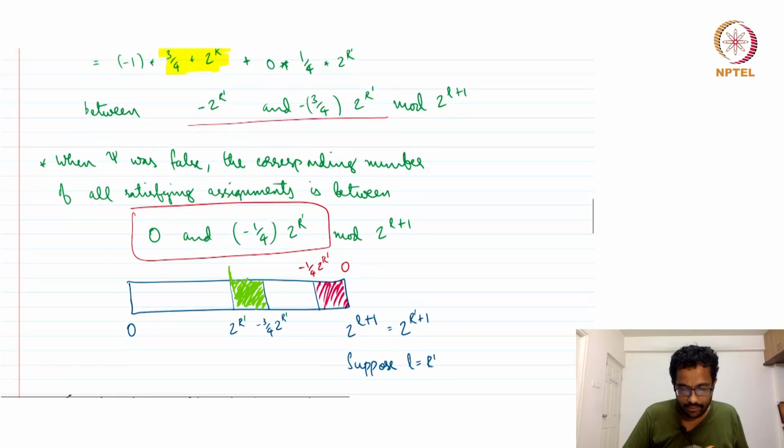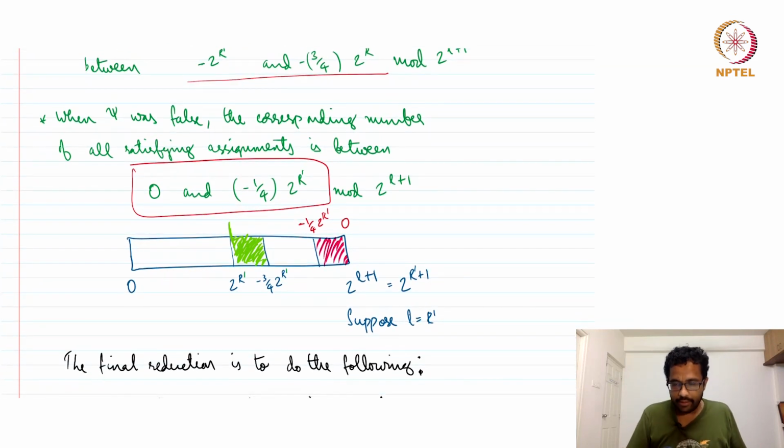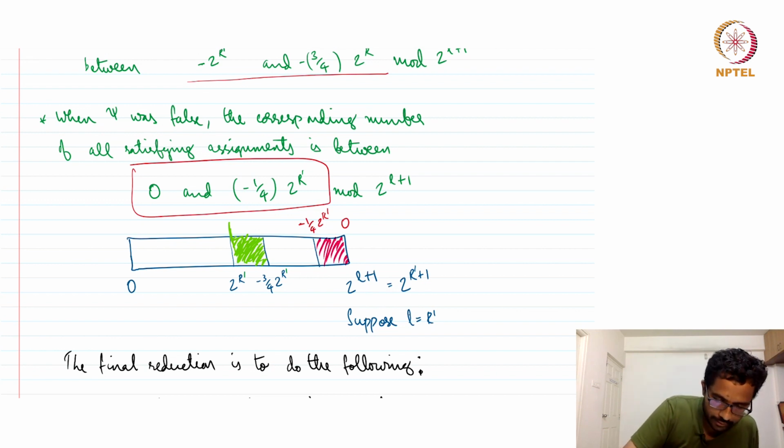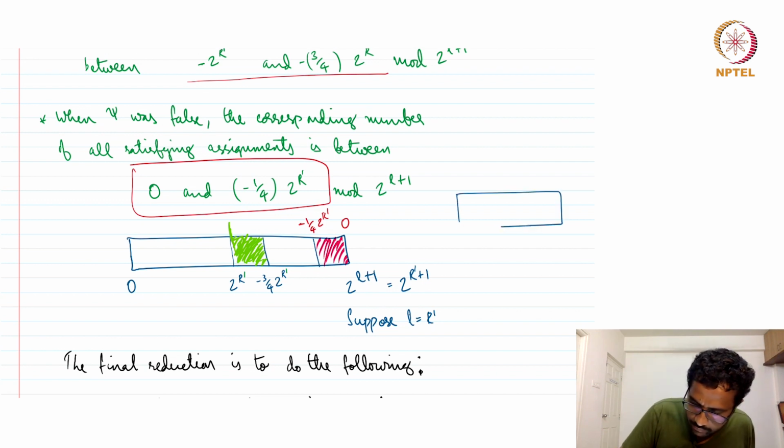So now we can safely, in fact I think even if you had tried l equal to r prime minus 1, even then we could have worked. Just an aside, if l is equal to r prime minus 1, then we would have got something like this, I think.